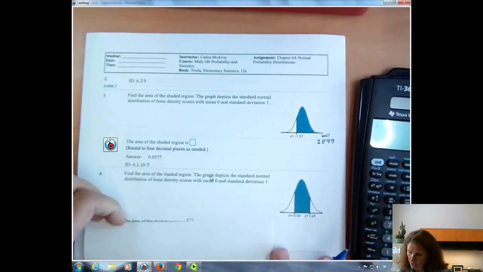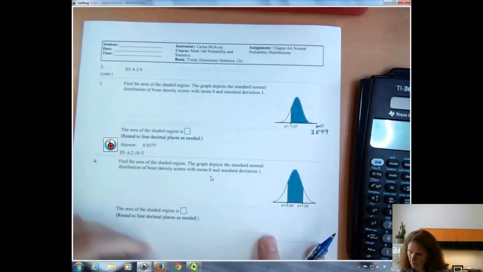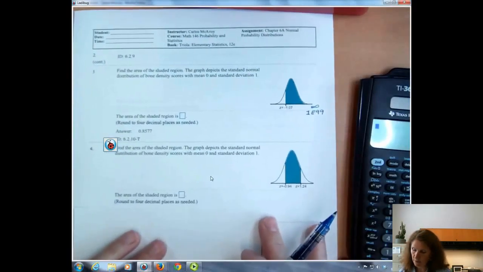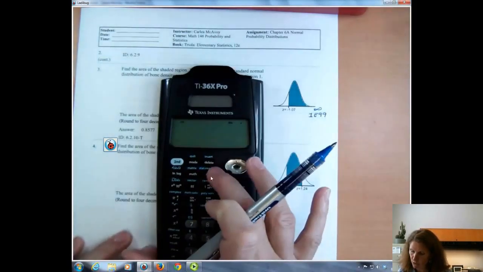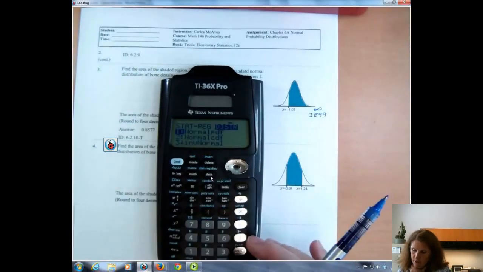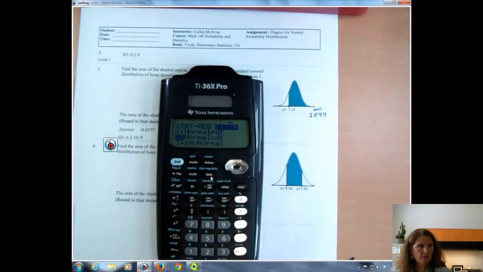Okay. Now I'm going to go look at this one down here where I have a range of values given. It's a standard normal distribution. I'm going to use normal CDF again, but instead of going to infinity on either side, I'm just starting here and ending there. So I go to second function distribution, then down to normal CDF, and then I put in those values.